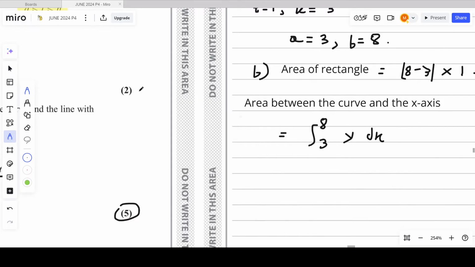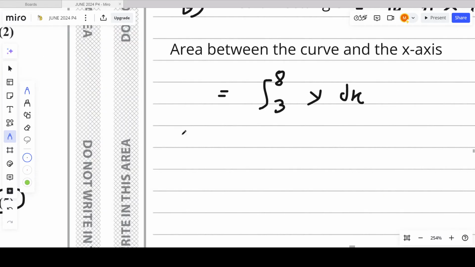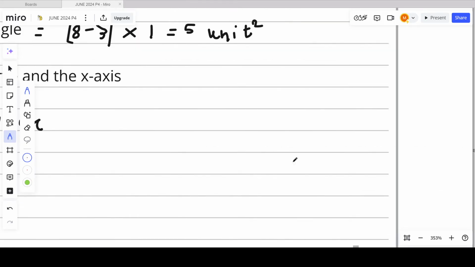To get the dx, we will differentiate x, the parameter of x. The parameter of x is given as x equals t squared plus 2t, right?